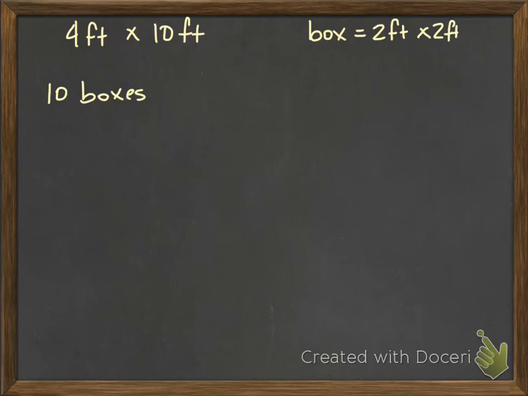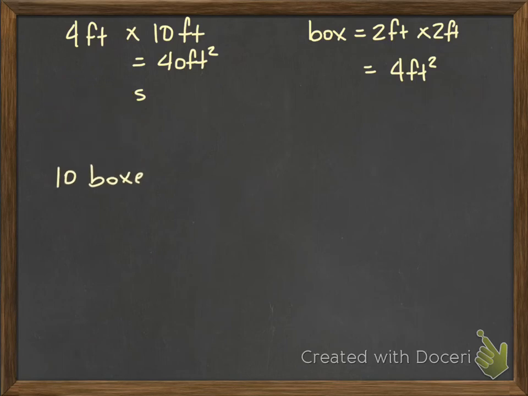Well, 2 times 2 is 4, so that gives me 4 feet squared for that area. So if I know that one box is 4 feet squared, then I can take these 10 boxes and still find area, right? If I do 4 feet by 10 feet, I already know that that's 40 feet squared all by itself. So if I take these 10 boxes and want to figure it out that way, I can do my little conversion.